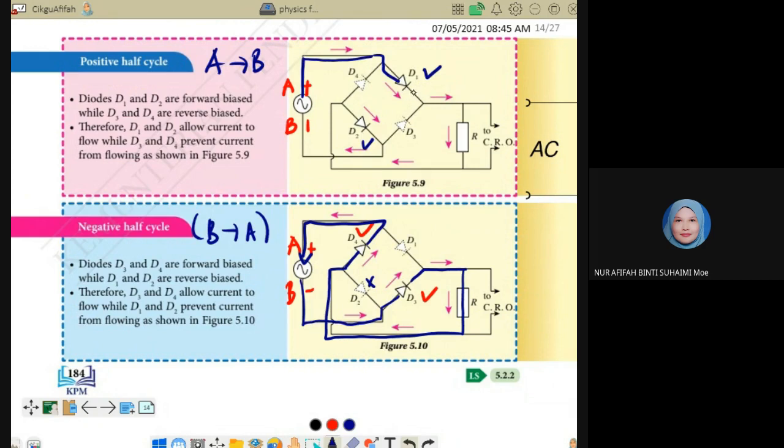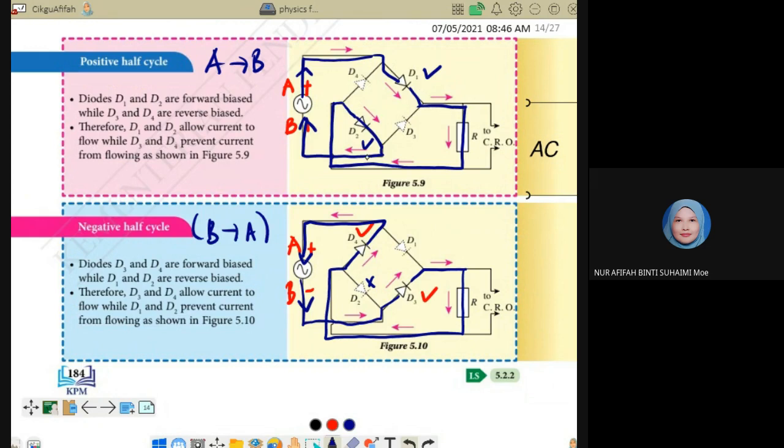forward bias. Okay. So go through the resistor. Okay, find again which one is forward bias. Okay, D2. D3 cannot, it is the same path. So it must flow through D2 and go to B. Okay, A to B. This one is B to A, or positive, negative, negative, positive. Right.